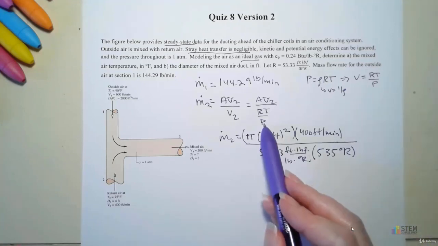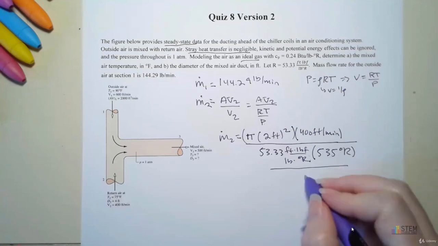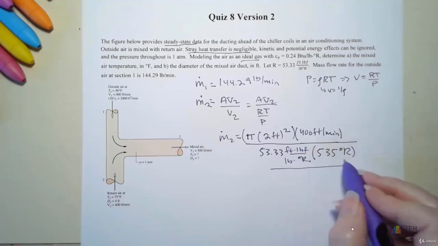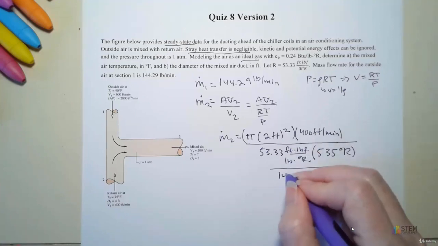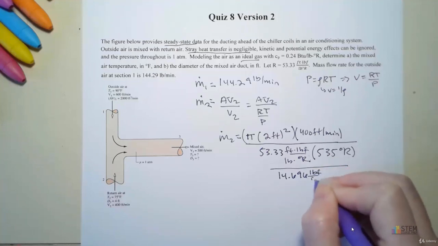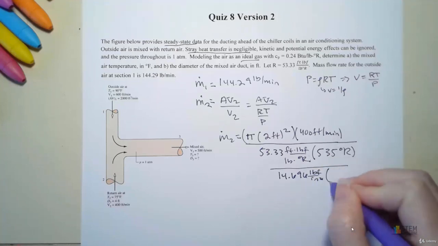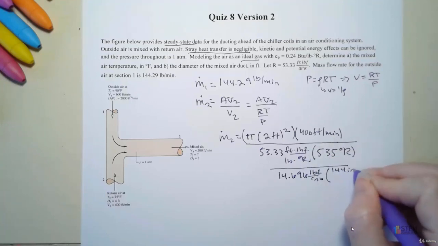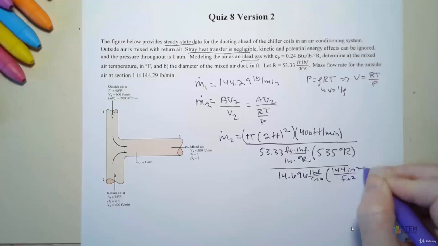Then we're going to divide by pressure. Our pressure is 1 atmosphere. We don't want to use atmosphere in here. Notice we don't have atmospheres anywhere else. That is equivalent to 14.696 psi. Now we don't have inches anywhere, so we've got to do that conversion. So let's multiply by 144 inches squared per square foot.